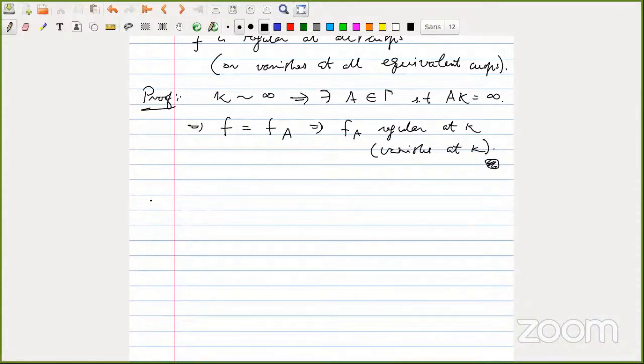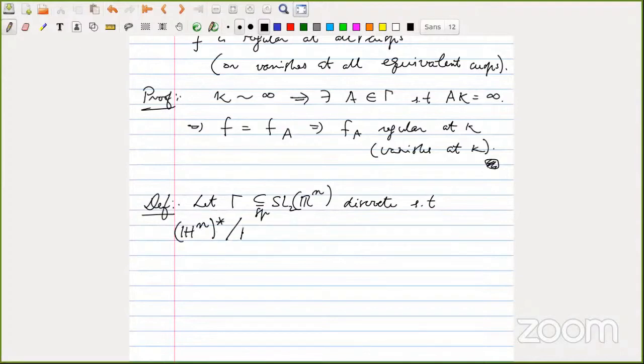Okay, so here is this definition. I have gamma inside SL2 to the power of n, a discrete subgroup, such that H^n mod gamma is compact.